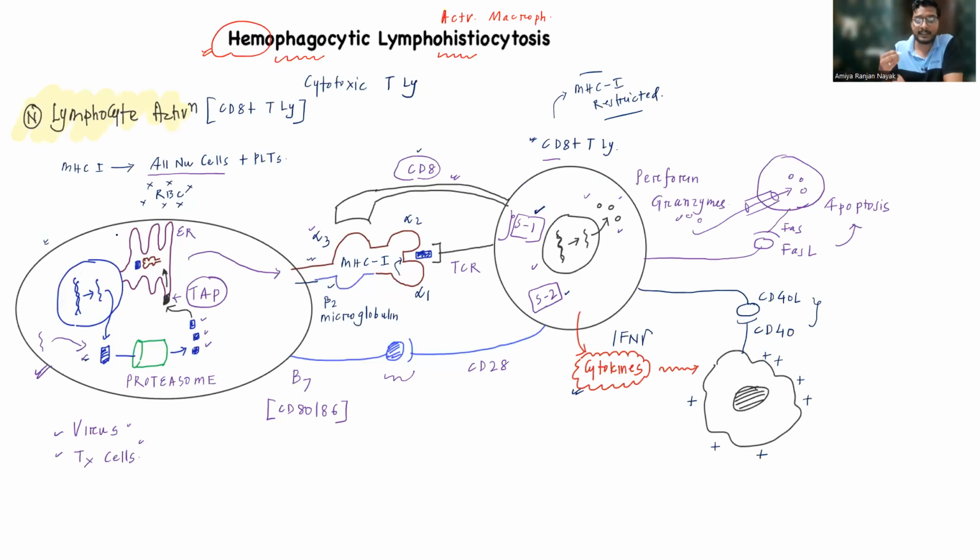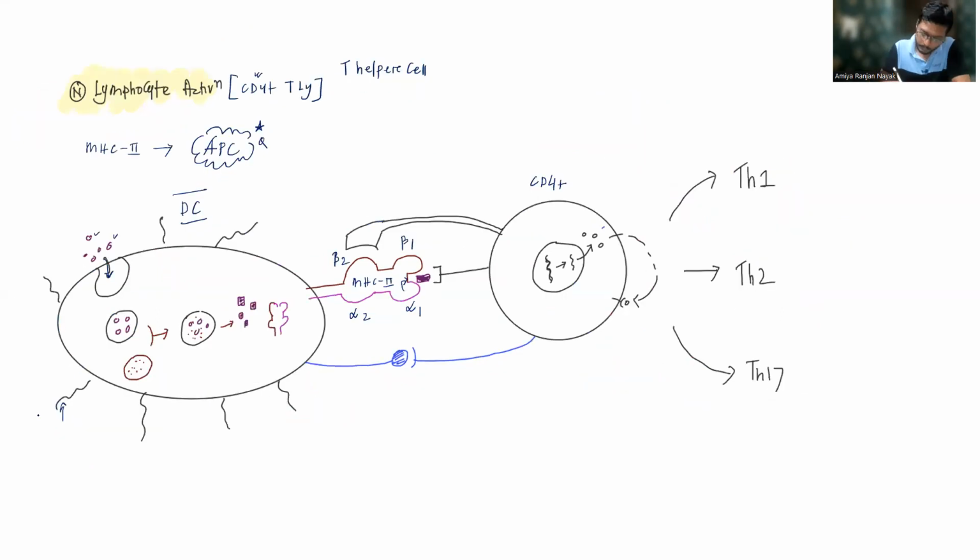As you can see here, if a cell is infected with virus, and this is a viral genome, this viral genome can produce some proteins. Okay, and I have told you these proteins can be processed intracellularly, and it can be presented with the help of MHC class 1 molecules. But sometimes these proteins can come out of the cells. And these proteins which are coming out of the cells can be taken up with the help of macrophages into the cell through the process of endocytosis.